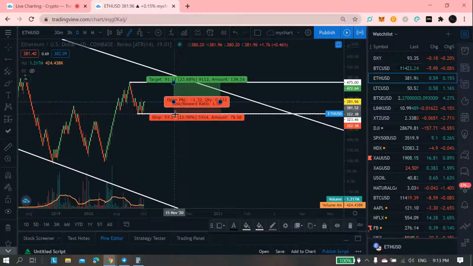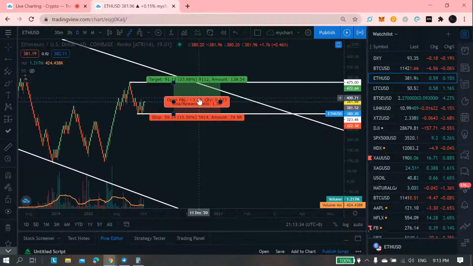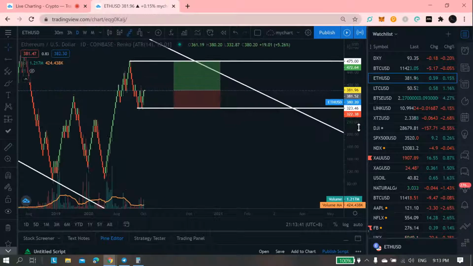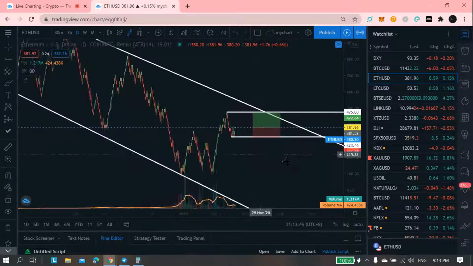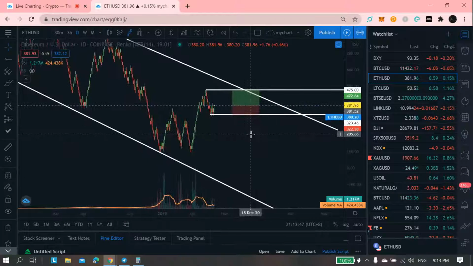If you enter, for example, at this level, it's not that rewarding because the risk reward ratio is 1.54. But of course, it depends on the trader and his risk reward appetite.